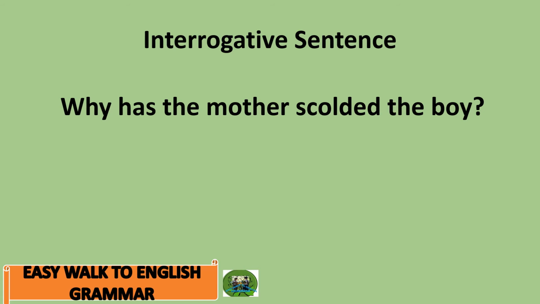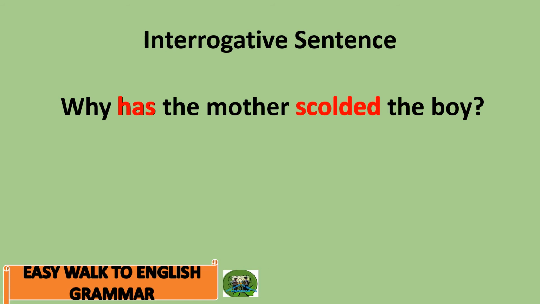It means has is the auxiliary verb and scolded is the main verb. Let's check where we placed the subject of this sentence. The mother is the subject of this sentence. We placed the mother, which is the subject, in between the auxiliary verb and the main verb.